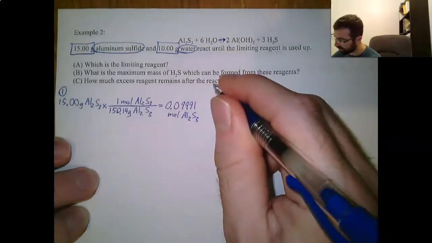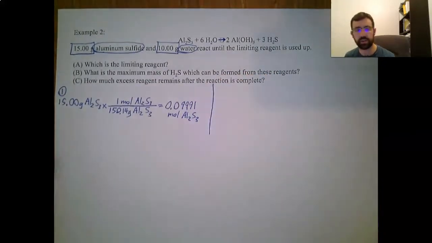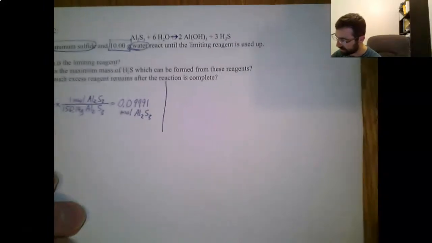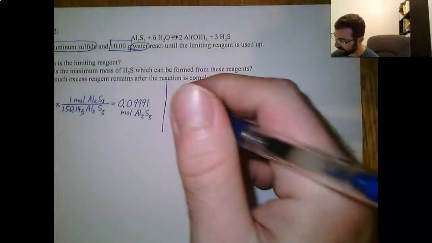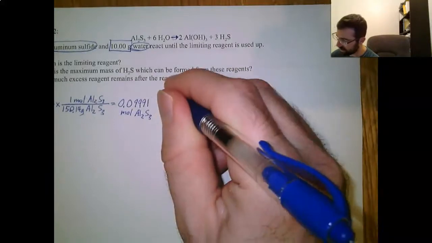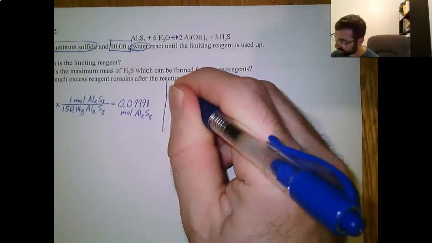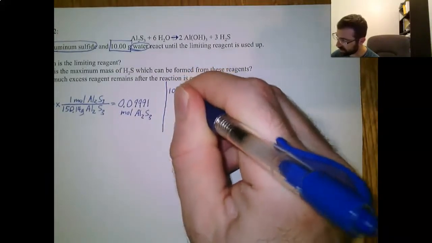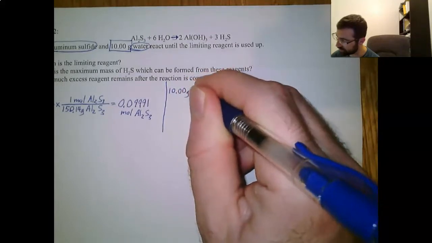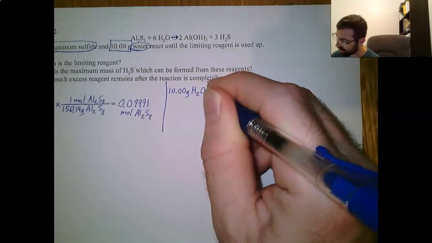All right, that was our first reactant. Let's do the same thing with the second reactant on the other side of this line. So that was 15 grams of aluminum sulfide. Let's find it with 10.00 grams of water, which is, of course, H2O. You may have the molar mass of water memorized.